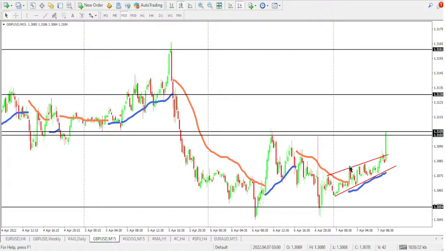We had some resistance here, then we had a support, and we had some support here before the price eventually broke above it. As we're speaking now, we expect that the buyer should continue to push price to the upper side. We'd love to see the price extend to the upper side up to this point after this breakout here.